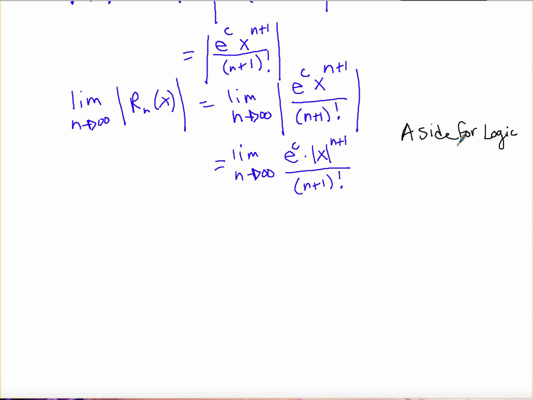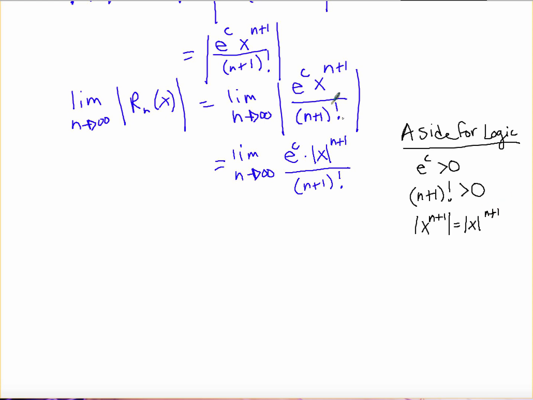This is where we take things that we know and try to make some connections to things that we're going to figure out. So I know that e to the c power has to be greater than 0. I also know that n plus 1 factorial is greater than 0. Additionally, we just talked about why the absolute value of x to the n plus 1 power is the same as x to the n plus 1 power.